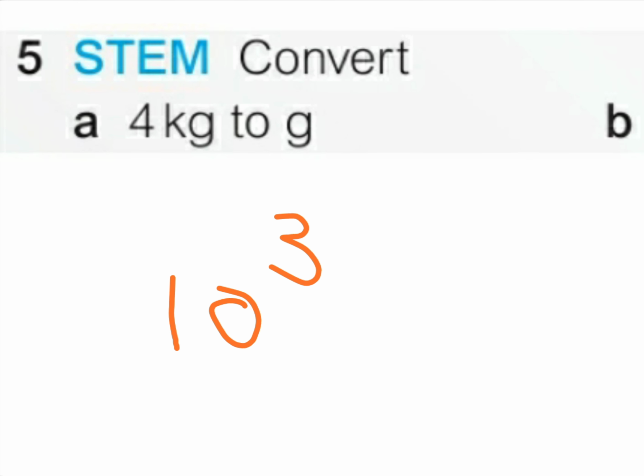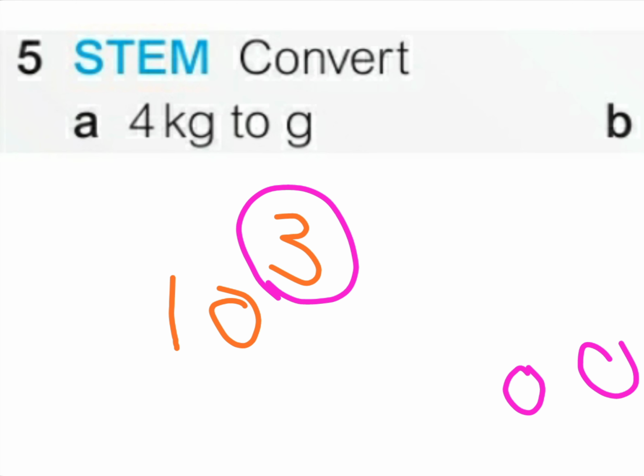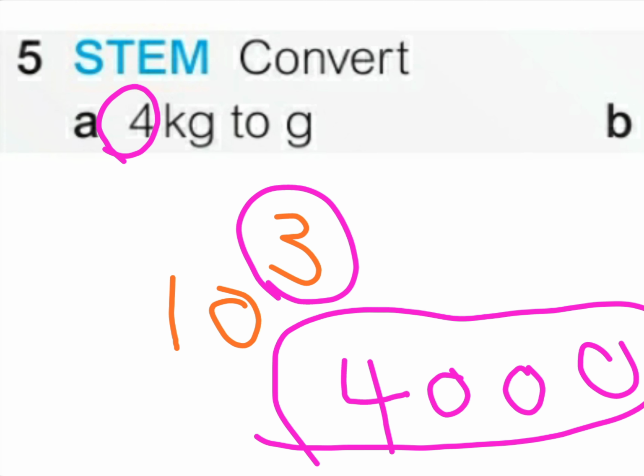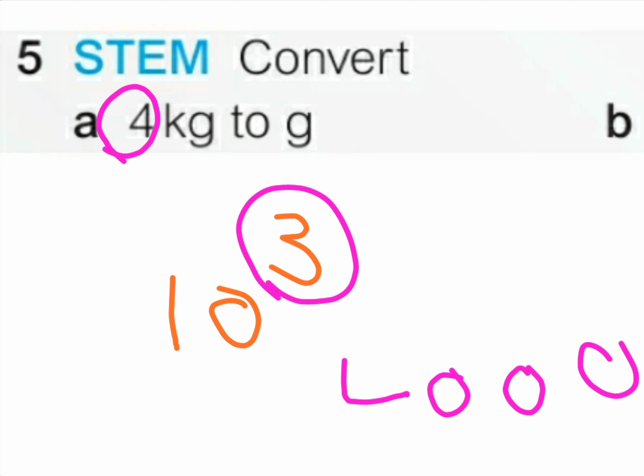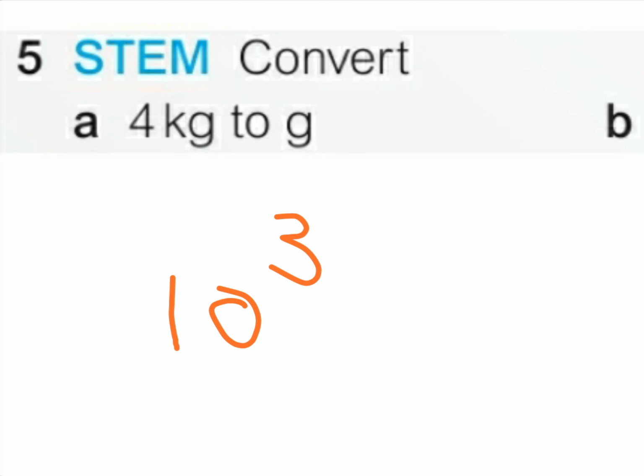So 3 means 3 zeros. 1, 2, 3. And then we take this number and put it next to the zeros. Because it's not negative, it's on the positive side, not the decimal side. So 4 kilograms means 4,000 grams. This is the answer.